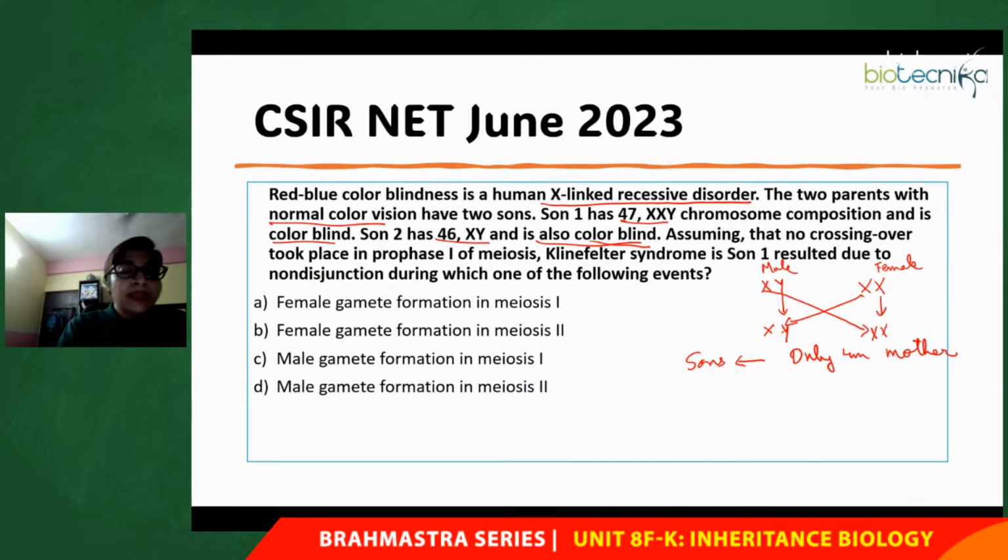So male gamete you can completely eliminate, because father doesn't even have the causative allele, right? So only mother has it. Okay, now it is saying that in which meiosis. Now here it has to be very clear to you that what kind of chromosomes separate during which meiosis. So during meiosis 1, it is the homologous chromosomes that separate.